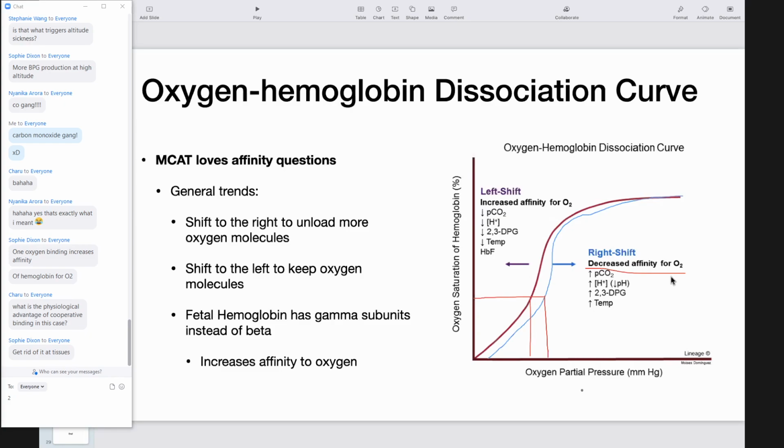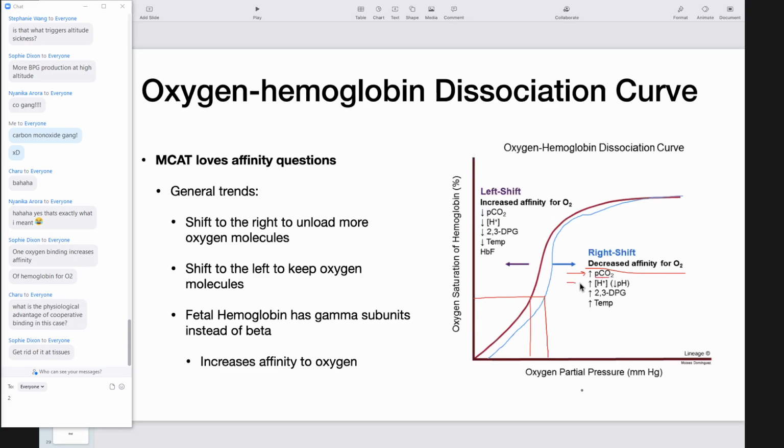Why would we want to do that? Physiological processes that can cause you to do that: high partial pressure of CO2, or high PCO2. What does that mean? That means we have a lot of CO2, a lot of waste. We're using up oxygen at the tissue level. If we have a high partial pressure of it, we know, hey, we need to kick off the O2, deliver it to the tissues, and pick up CO2.